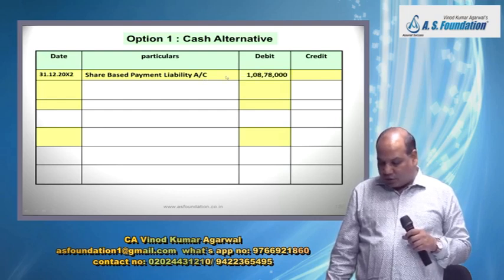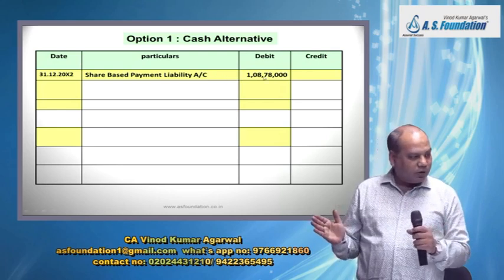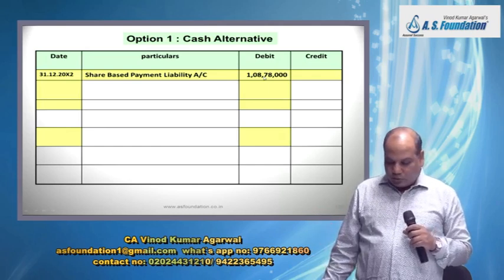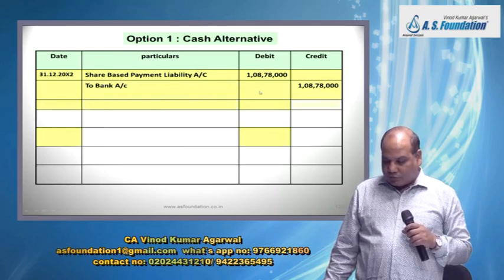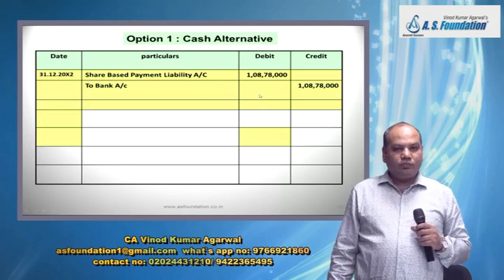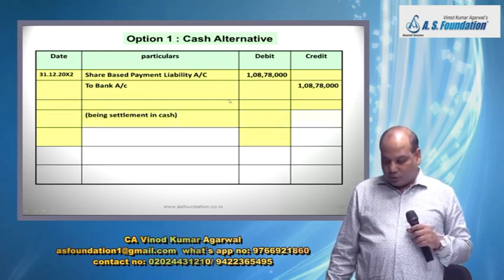Do you have any figure ready? 1,08,78,000. If I add the 3 figures you have credited to liability account and then you make the payment to bank account 1,08,78,000. Being options settled in cash.